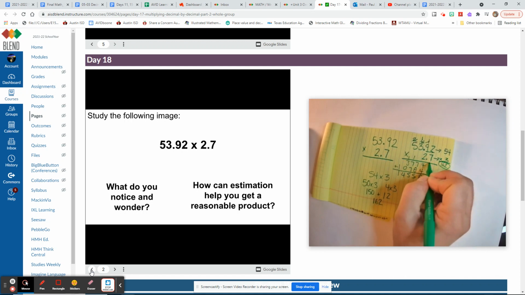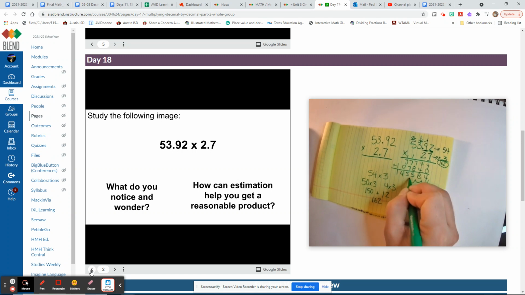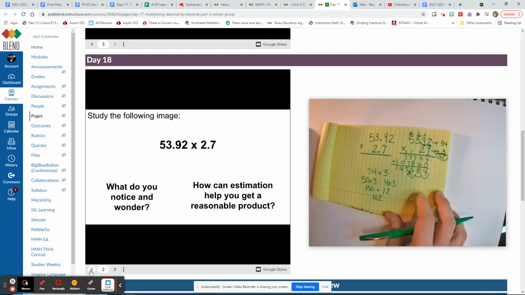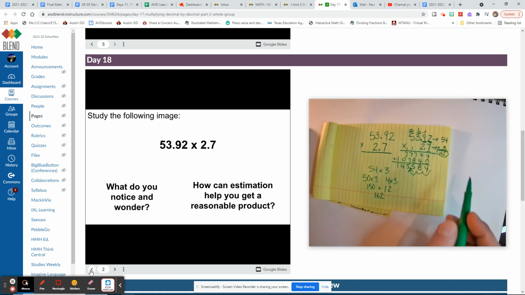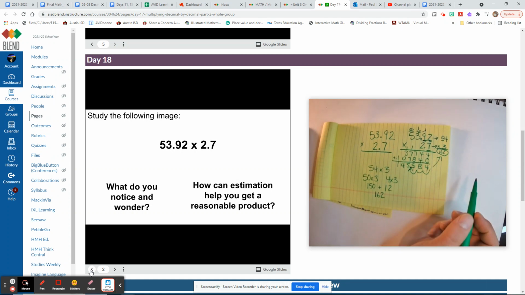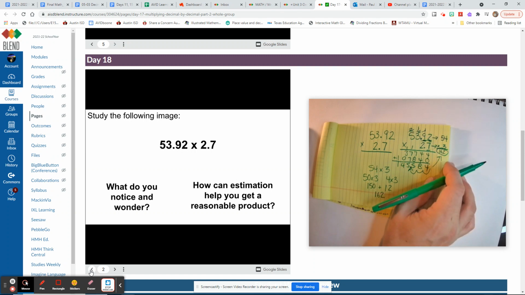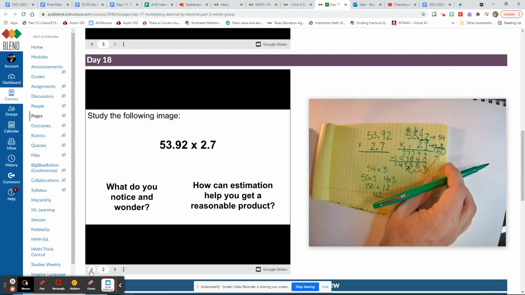How many decimal places do we have in our problem? We have 3, so we need 3 decimal places in our answer. So our answer would be 145 and 584 thousandths, which is not that far off from our estimate of 162. So you are using estimation to find answers that are close.